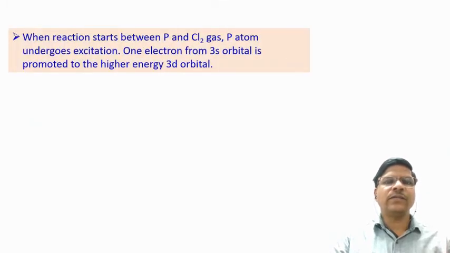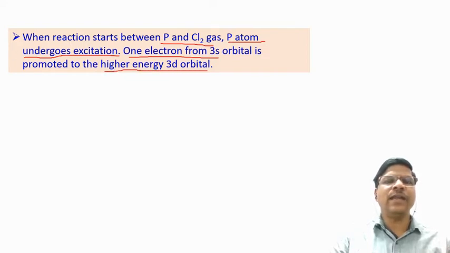When the reaction starts between phosphorus and chlorine gas, the phosphorus atom undergoes excitation. This is the very first step in the reaction. In the excited state, one electron from the 3s orbital of phosphorus is promoted to the higher energy 3d orbital.